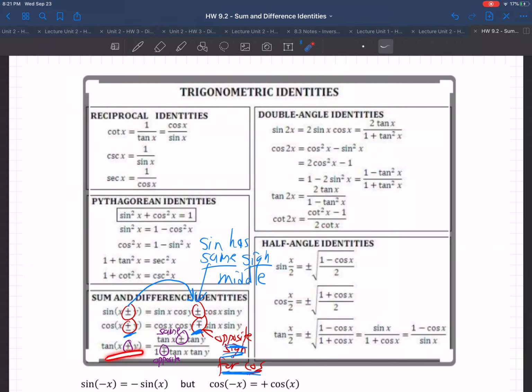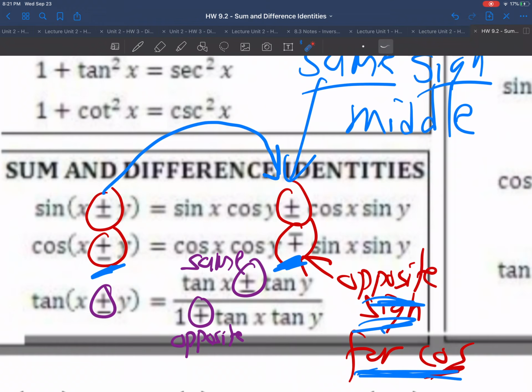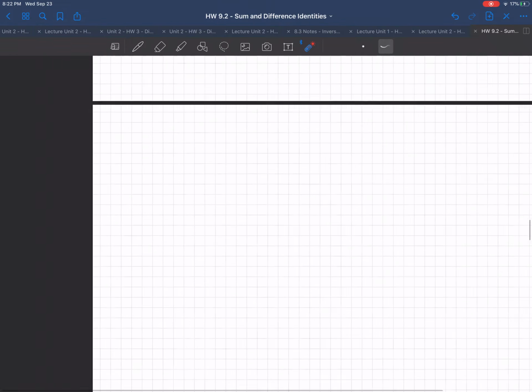Tangent of two angles added is tangent added on the top and 1 plus or minus tangent multiplied on the bottom. Notice the plus or minus here is the same thing there, opposite there. Let me make this bigger for you. See how this sign here is the same and this one's opposite? So watch all that closely when you use the tangent formula.